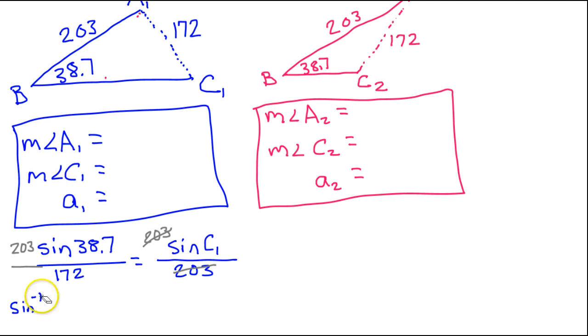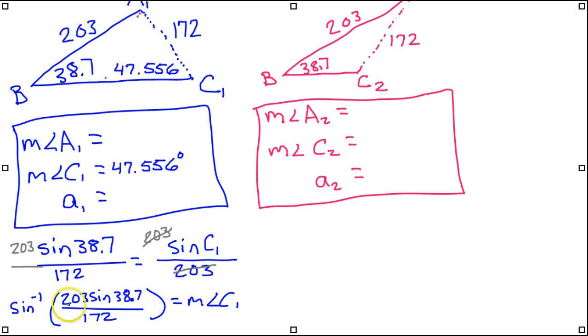I think I'll better rewrite it. So I'm going to have to do the inverse sine of 203 sine 38.7 over 172. And that should give me the measure of angle C1. So go ahead and put this whole thing in your calculator all at once, and that'll give you angle C1.